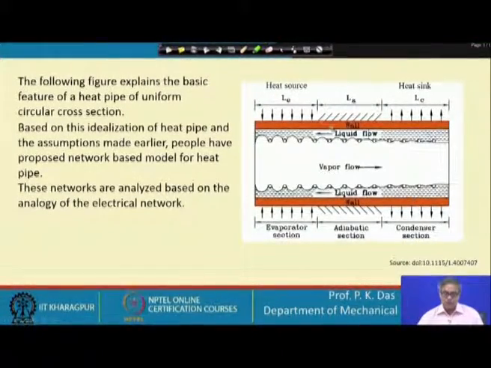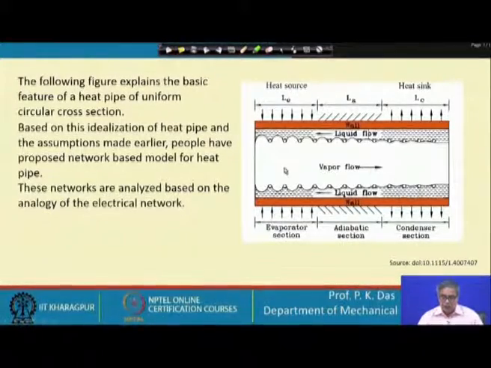And then from the outside, if we see, there are 3 sections which are very important, that is the evaporator section where heat is coming inside the heat pipe. Then there is an adiabatic section, in which there is almost no heat transfer from the heat pipe to the surrounding, and then there is a condenser section where heat is rejected by the heat pipe.